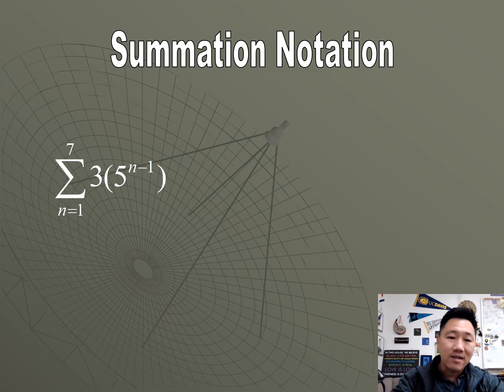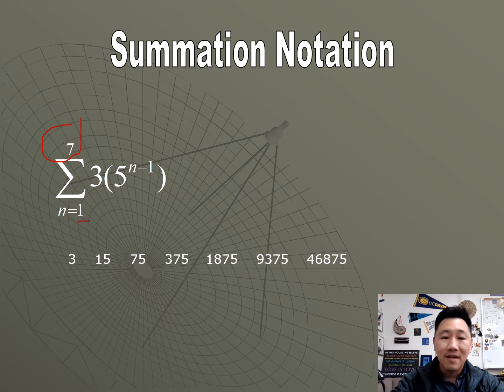If you don't have the calculator, you can go ahead and plug 1 in to the n, plug 2 in, plug 3 in, plug 4, 5, 6, and then of course the last number you plug in is 7. And then remember, the sigma makes you add them all up, and the final answer is 58,593.